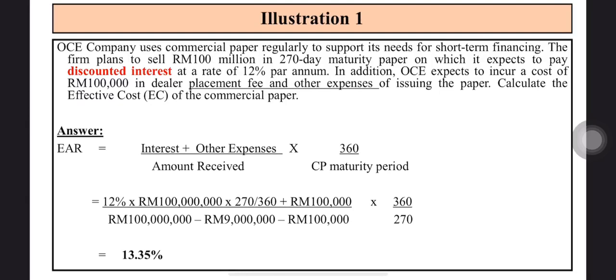So the interest is 12% per annum times the 100 million times 270 over 360, plus the other expenses of 100,000, and then the amount received is the commercial paper value of 100 million minus the interest of 9 million and also minus the other expenses of 100,000, times 360 divided by 270. So the answer for this example is 13.35.